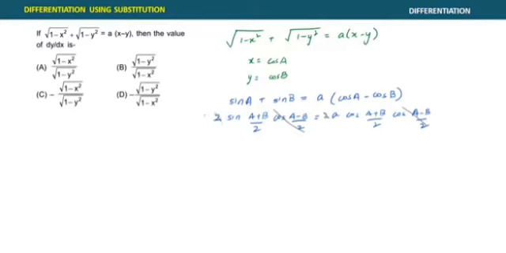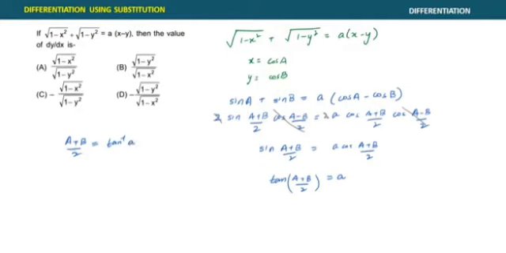So what eventually we get in this question would be sine of (a plus b) by 2 is equal to a times cos of (a plus b) by 2, and if I move this cos over here, this will become tan of (a plus b) by 2 is equal to a. Okay, and now I can write this as (a plus b) by 2 is equal to tan inverse a.